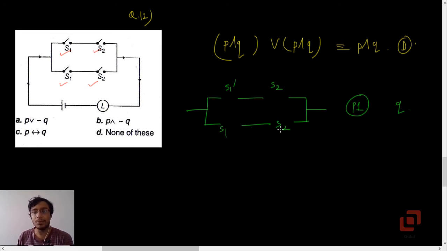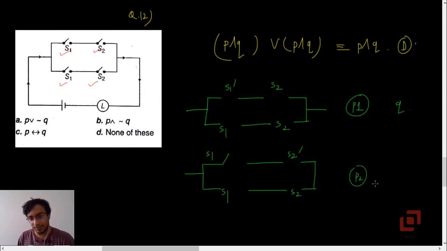So that will then boil down to the truth value of S2. Possibility 2, you can keep this S1 as it is and you can make this S2 dash. So this will be P.